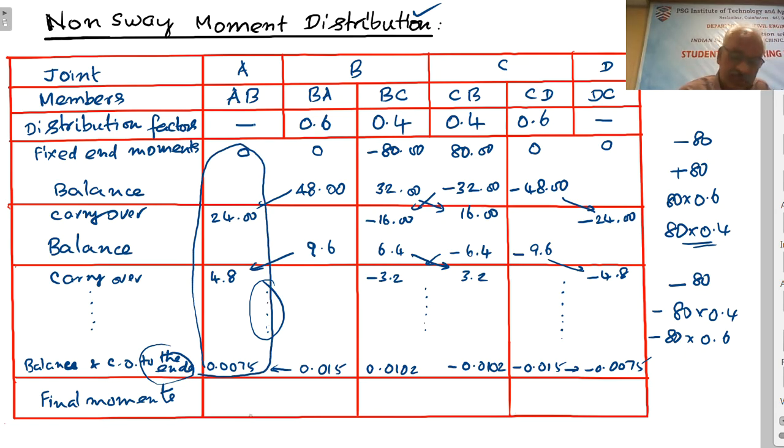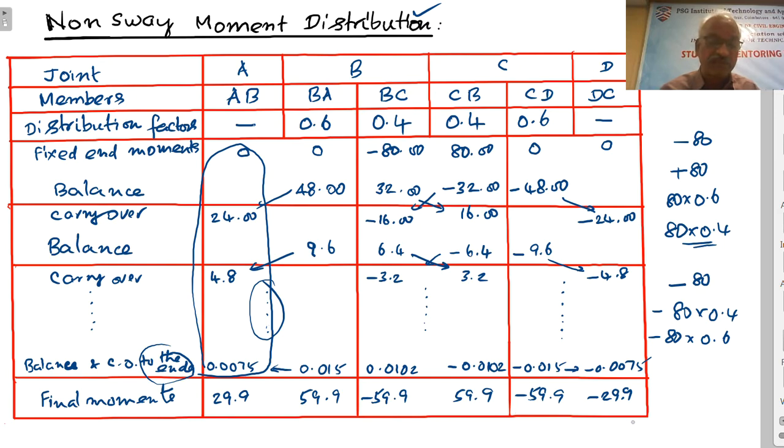So we'll be getting 29.9, 59.9, minus 59.9, 59.9, minus 59.9, minus 29.9. So these are the final values in the non-sway moment distribution.